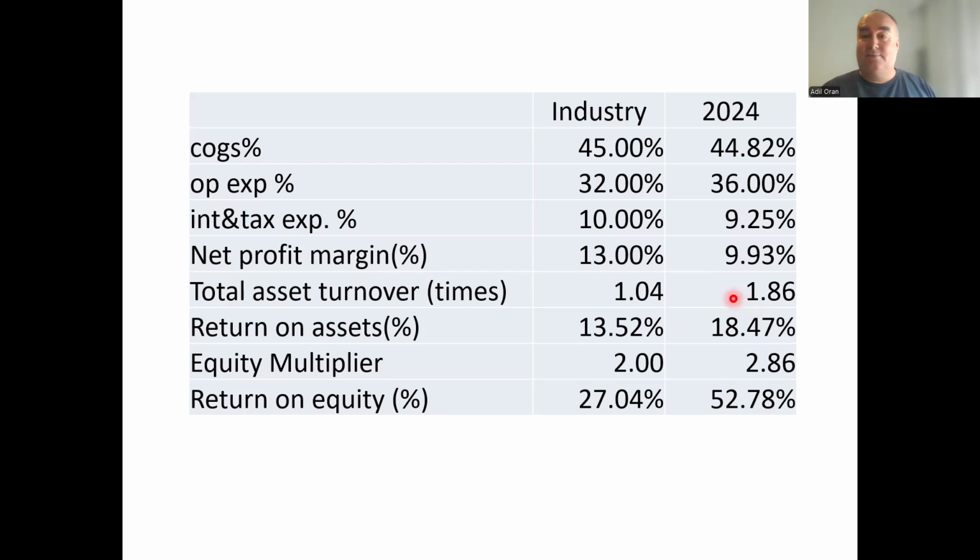So that's my relatively quick financial statement analysis, in particular DuPont analysis of this company's performance.